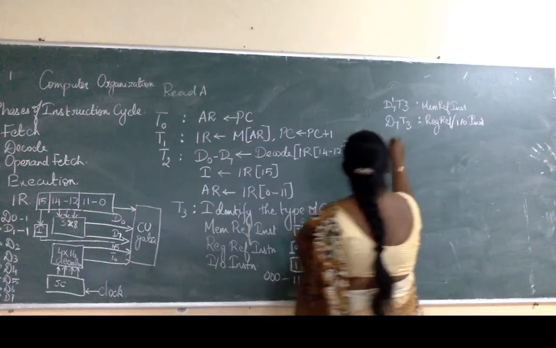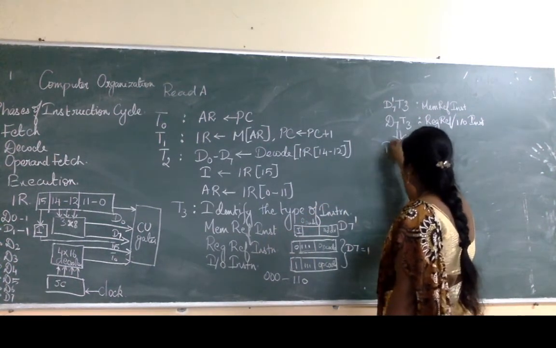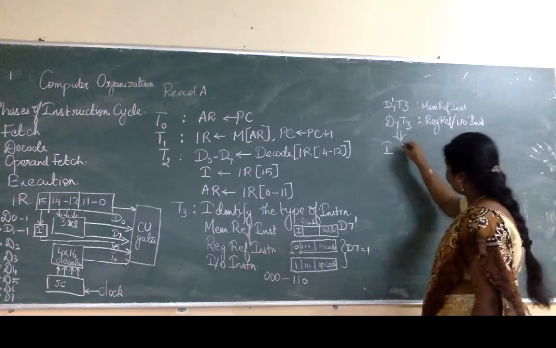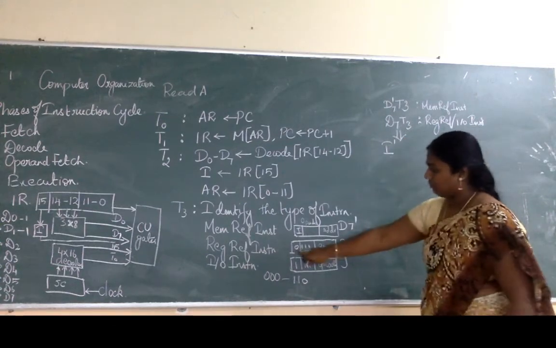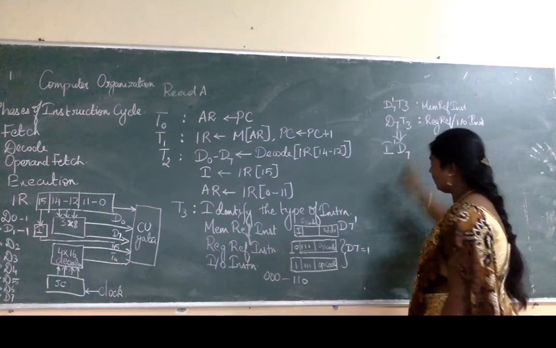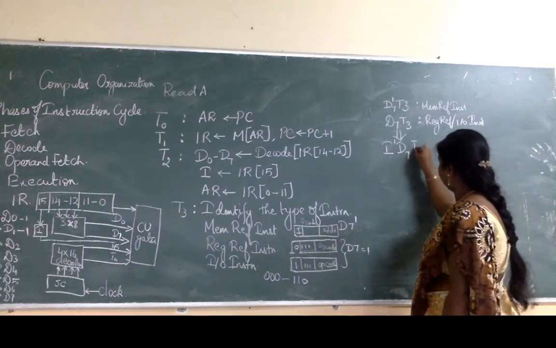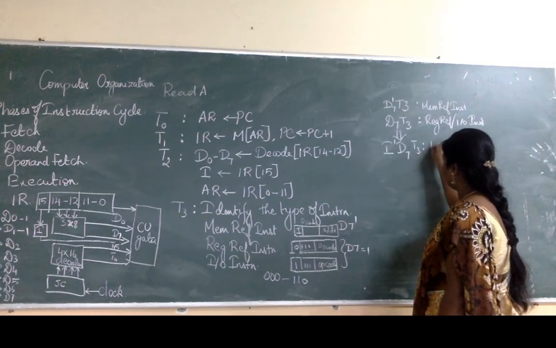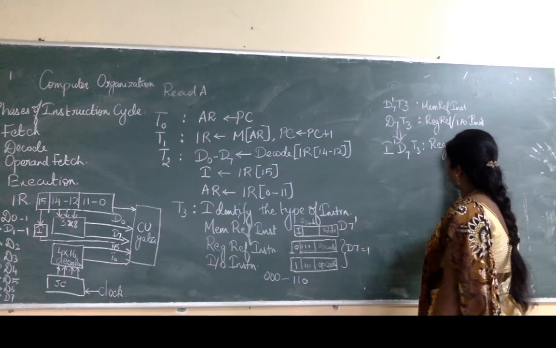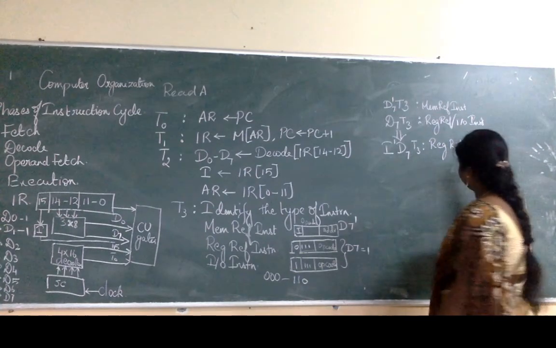So I can elaborate this into I dash, which indicates the value 0, and D7, because D7 has to be 1, and then at time cycle T3, it is a register reference instruction.